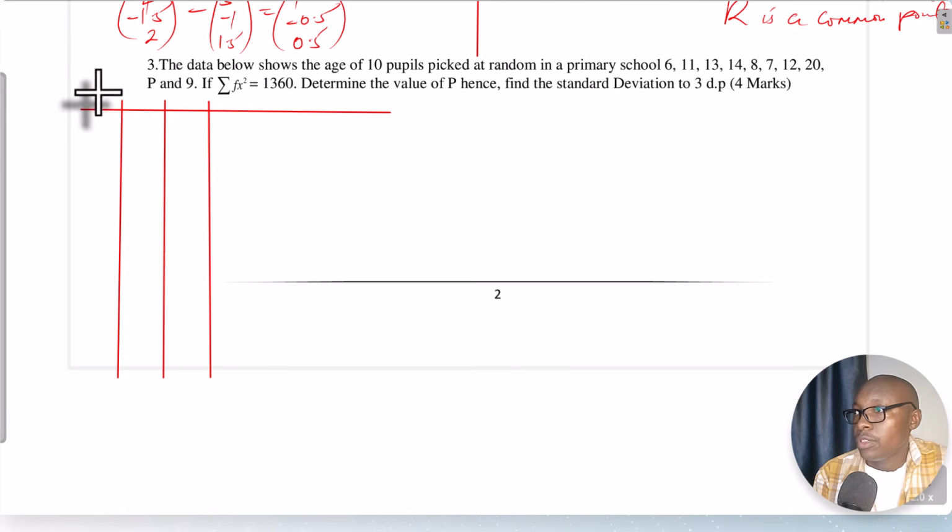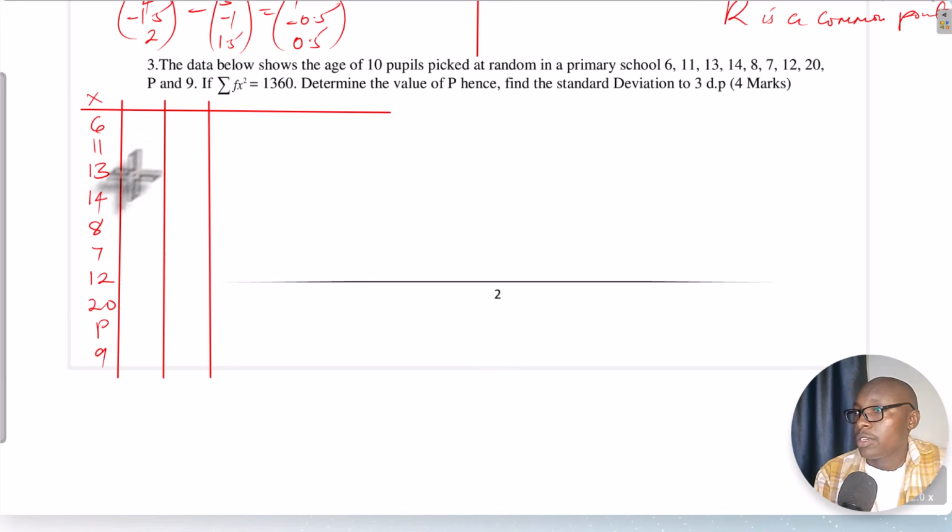The values of x are here: 6, 11, 13, then 14, 8, 7, 12, 20, then P and 9.